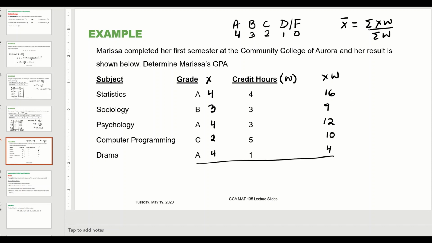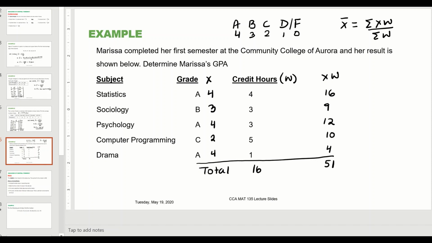Then we find the total, the sum of X times W. Let's add these numbers using our calculator. When we add all this, it is 51. Similarly, if we add the W, 4 plus 3 plus 3 plus 5 plus 1, that is 16.